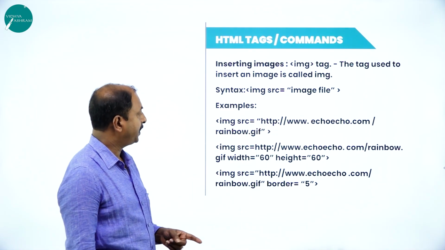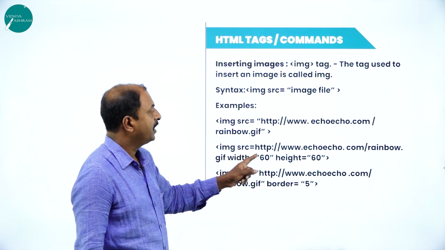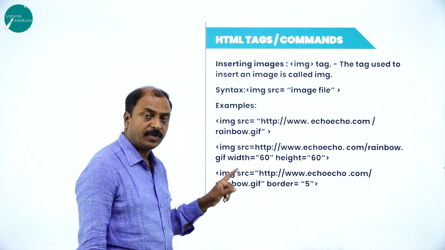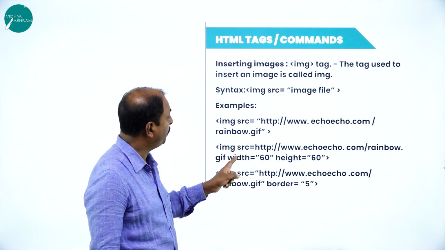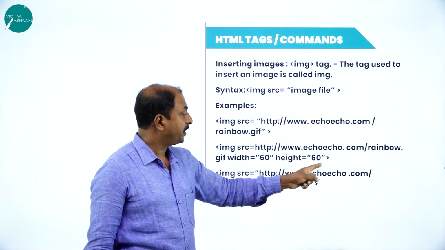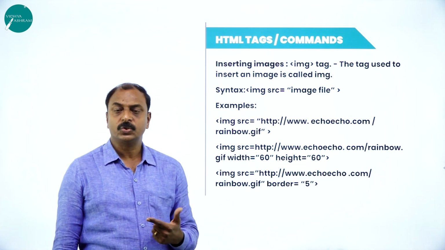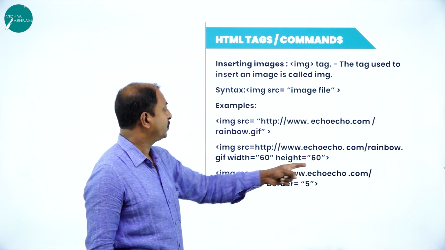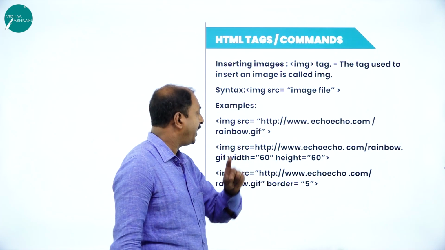And another example here: img src and the address, rainbow.jpg is the file. Along with that, we are using two more attributes, width and height. So width equal to 60 and height equal to 60. It is possible for us to mention the dimension for that particular image. That is the use of the attributes width and height.